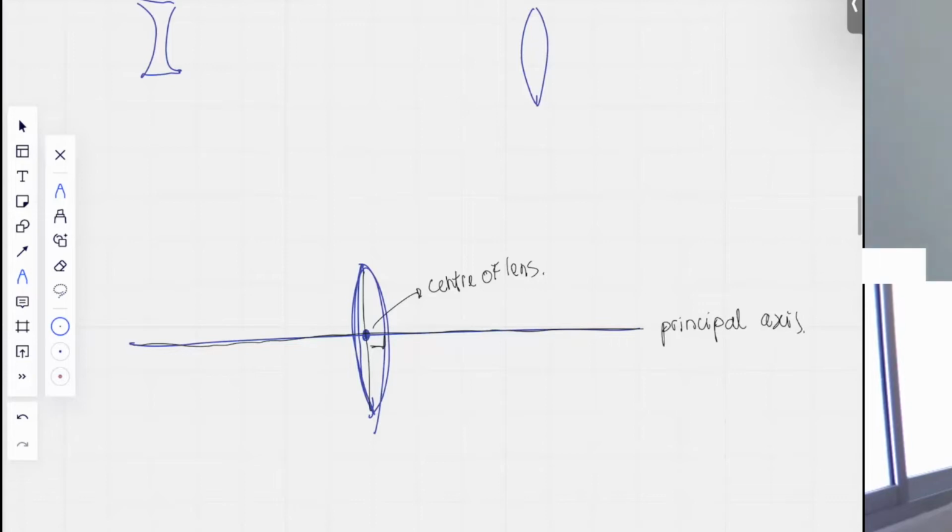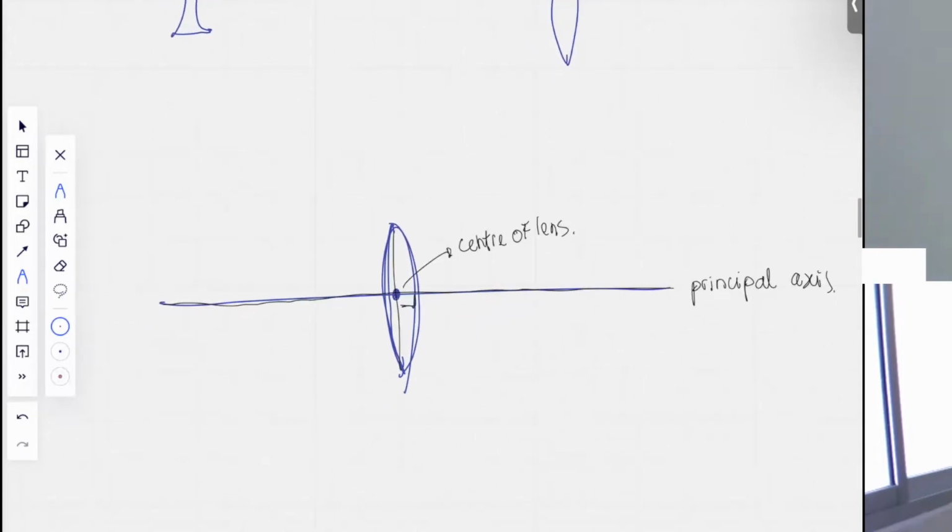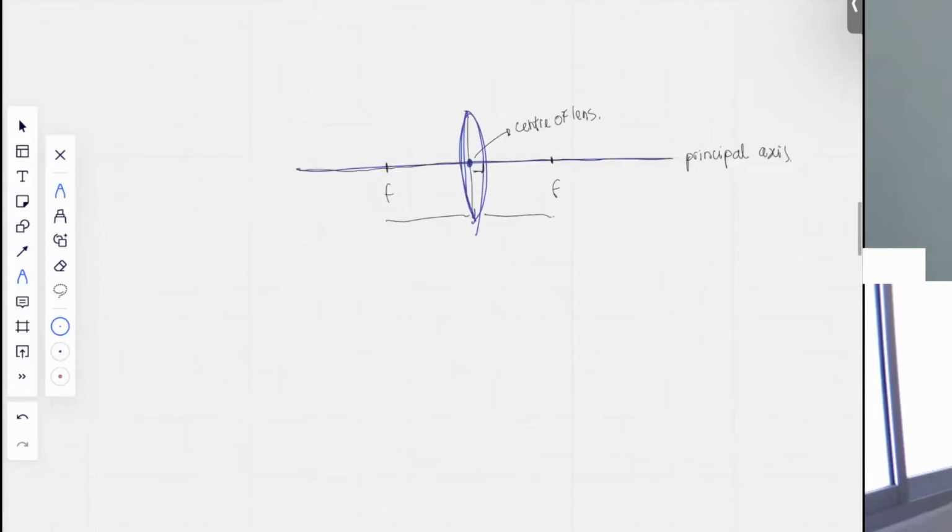That line is imaginary, not real. You have a lens, and the line passing through the center of that lens is the principal axis. Then here on the principal axis, you have the focal point. The distance from the lens to the focal point on the left and the right are the same.